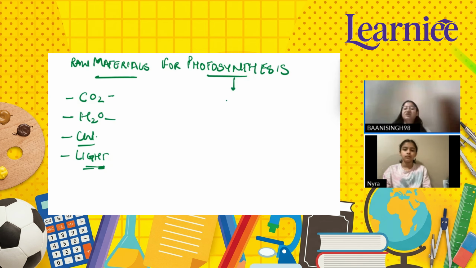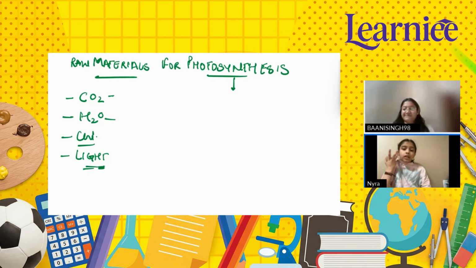Now, photosynthesis, as we have discussed, is a process of making food. So in which part of the plant does it take place? Wait, I have a question. For the light, if we have a light from a torch or something like that, and we put it on top of that plant, and they get CO2 and H2O and chlorophyll, can they grow or not?